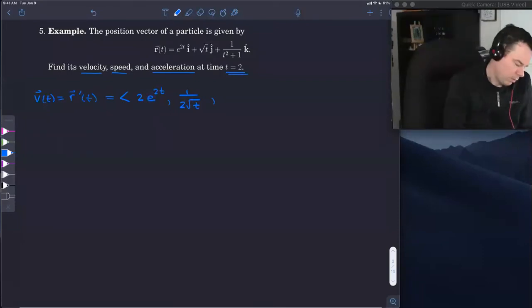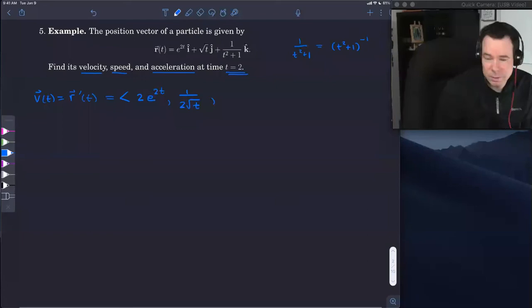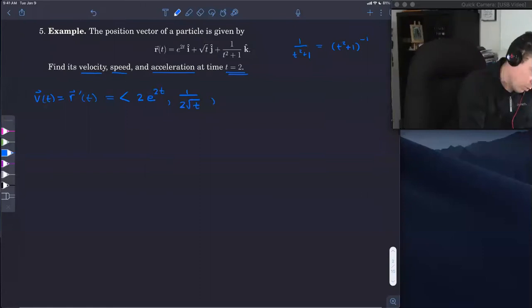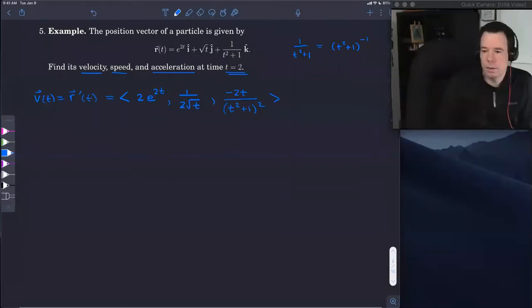And for the derivative of the third function, which is 1 over t squared plus 1, I'll think of it as t squared plus 1 to the negative 1. Because if I think of it like that, then I don't have to use the quotient rule. I can just use the chain rule with the power rule. And so this becomes negative 2t over t squared plus 1 all squared. Okay, so that's our velocity function, or velocity vector, if you will.